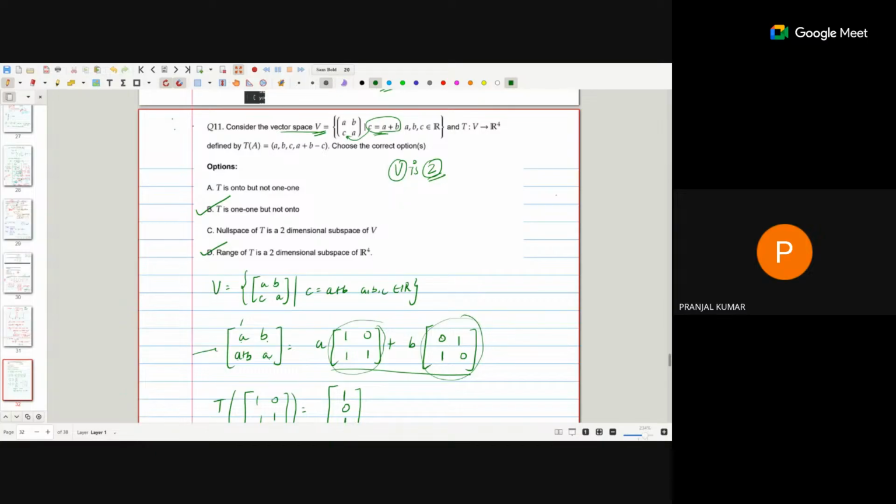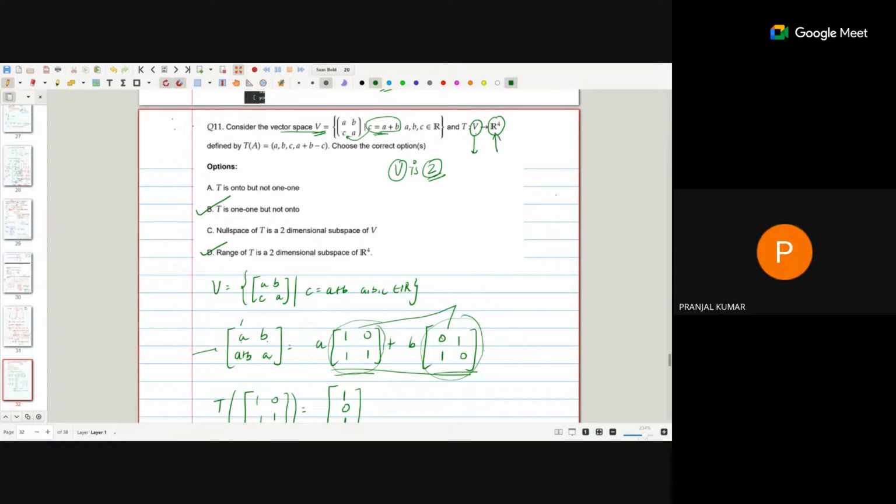Now, I have basis vectors. See, T is from V to R4. So I have in my hands the basis for your domain. Yes or no? Yes, sir.